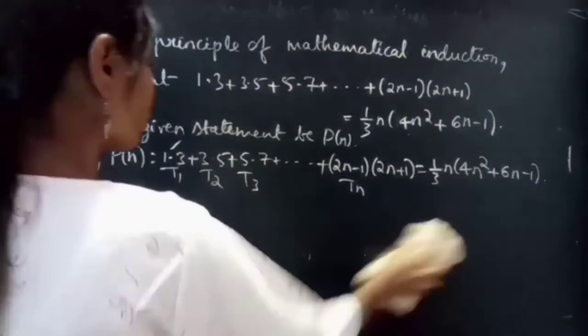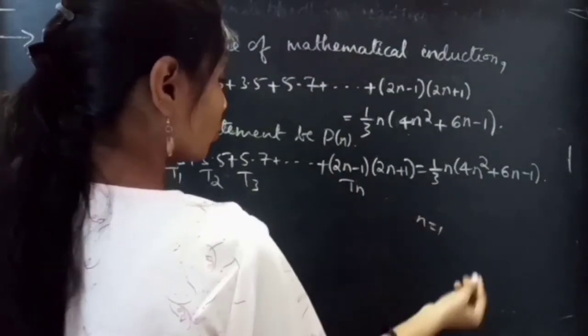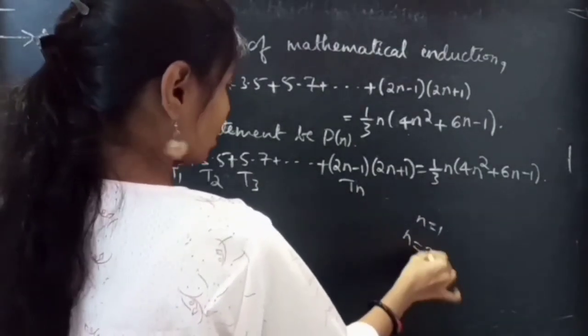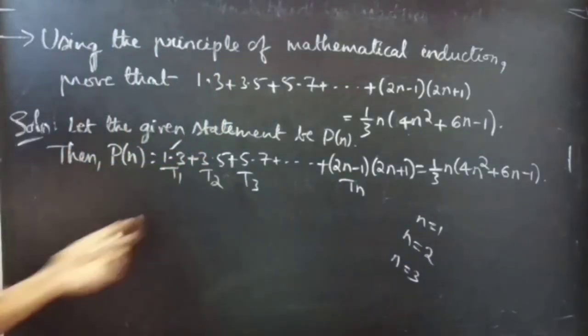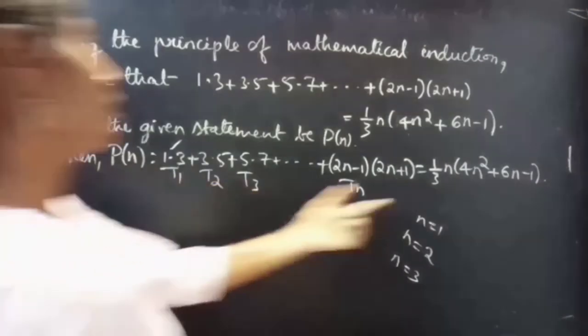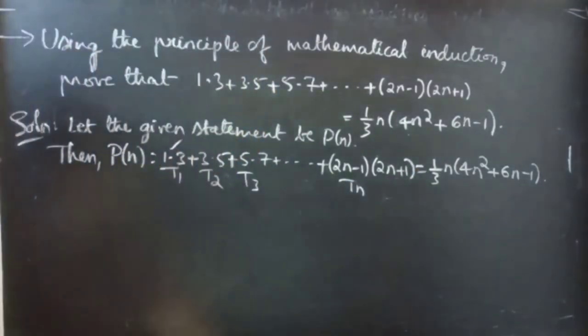But while coming to RHS, you'll simply substitute n equals 1 if you want. Only one term you'll get, okay? In the LHS, you're having a number of terms. But in the RHS, you're having only a single term, right? You'll get the direct answer. Fine.